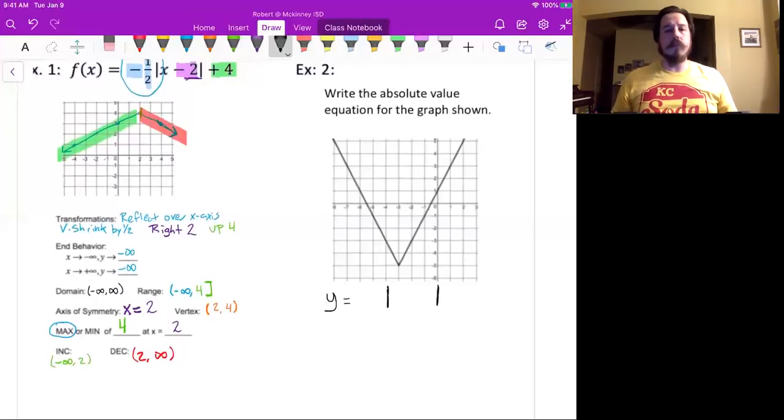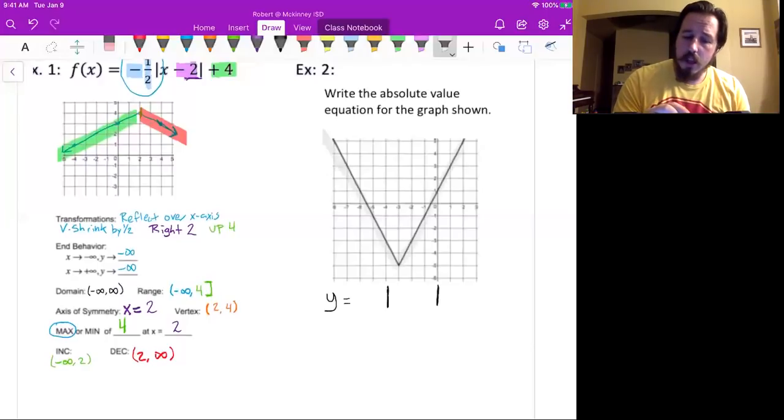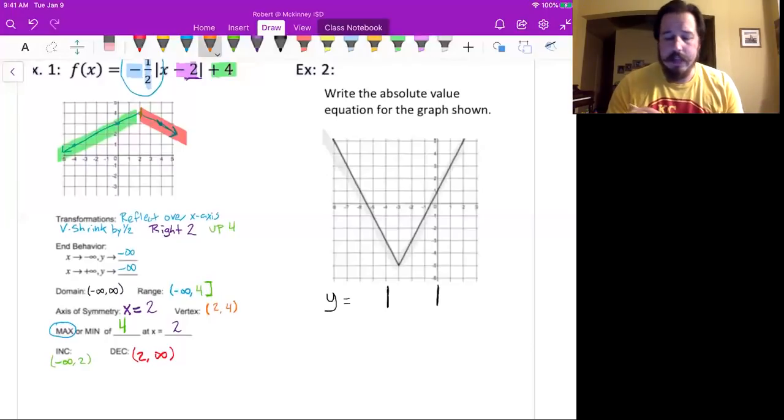Okay. First thing we look at is, does it open up or down? Because this V is facing normally, going up, we know that A is positive. So I don't have a negative there. What I do need to look at is to say, going from this point to the next point, did it have any stretch or shrink associated with it? Is the slope increased or decreased, or is it a normal 1?